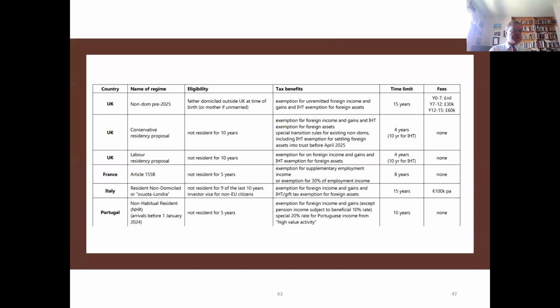So I'm going to move on a bit to domicile very briefly, and look at some of the proposed changes and other regimes in other countries.